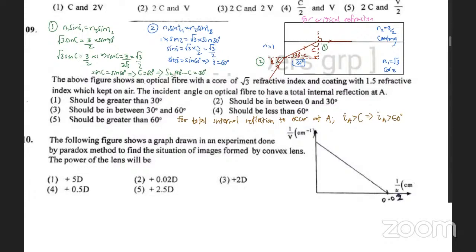So when this is 60, this is also 60. So when this is 60, this is less than 30. This should be less than 60, between 30 and 60. Why have they put 30 and 60?